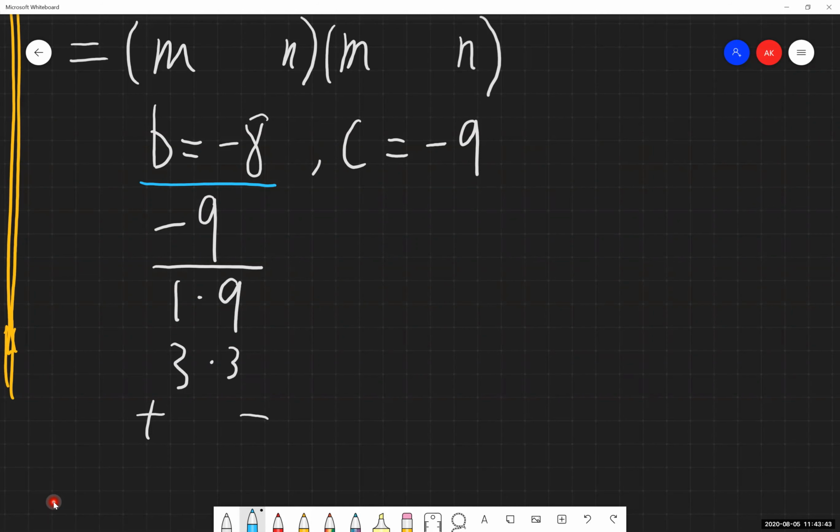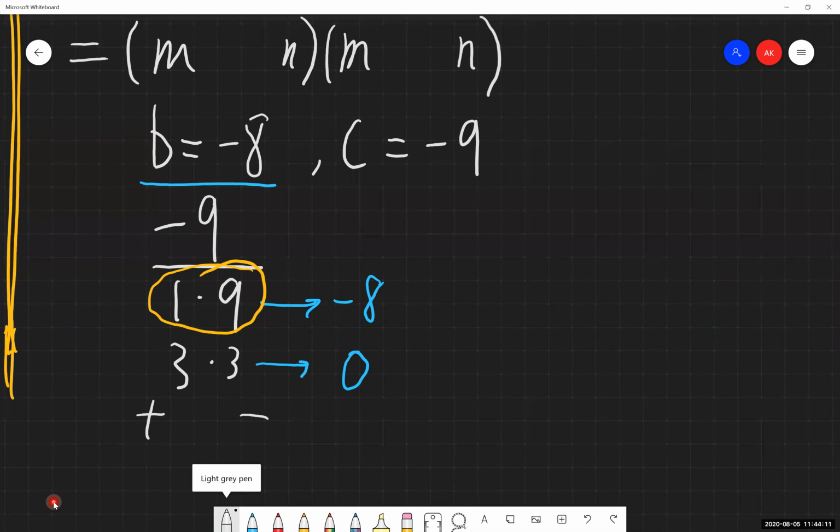And now we need to determine which numbers, when added together, will give us a result of negative 8. When I do this, I have a positive 1 minus 9. That's going to give me negative 8. That's the thing I'm looking for. Fantastic. My second one gives me a value of 0, which is fine, but it's not the thing that we need. Here's my factor pair.